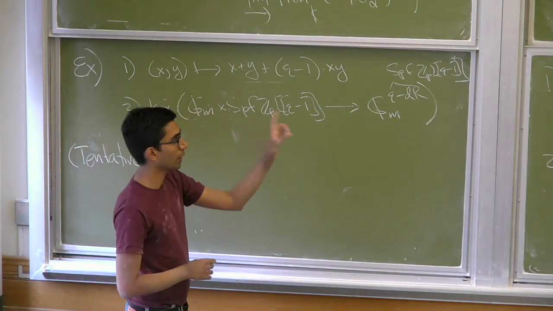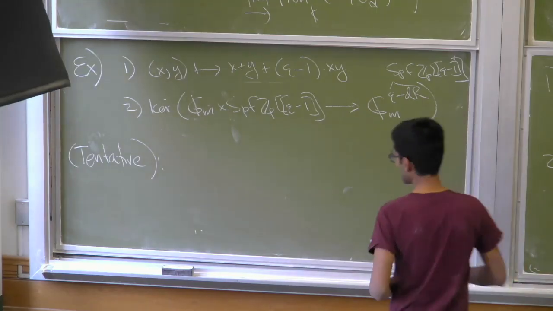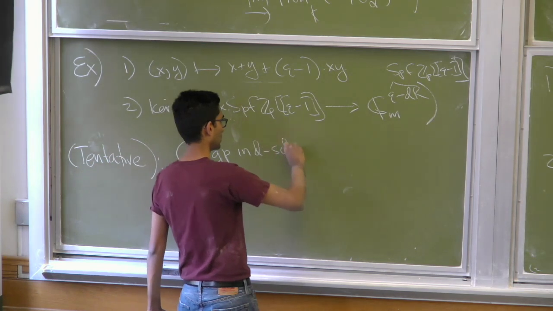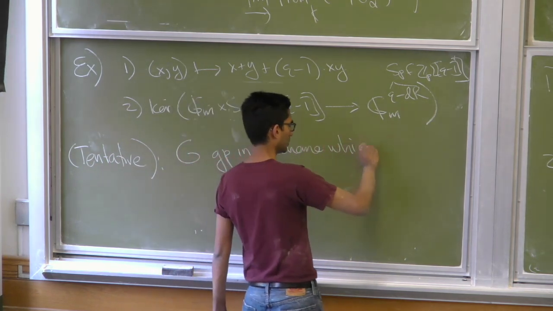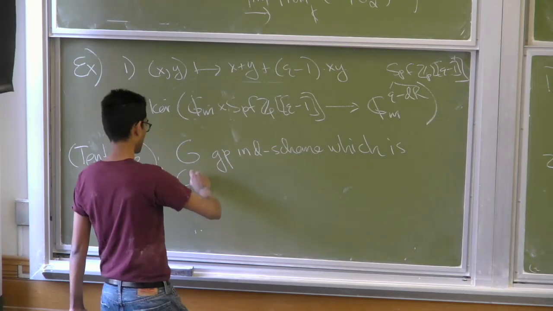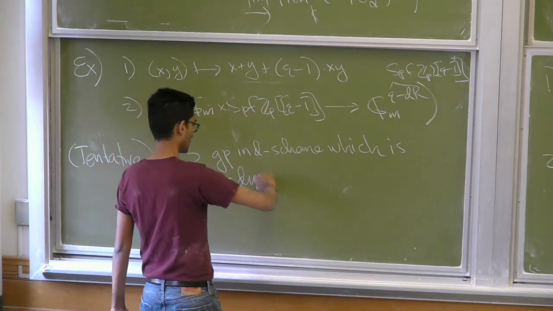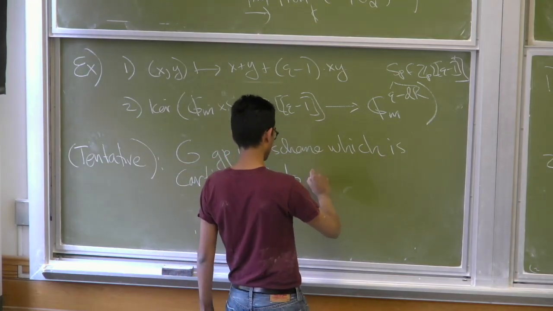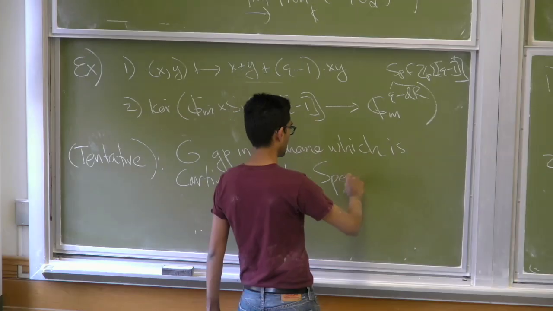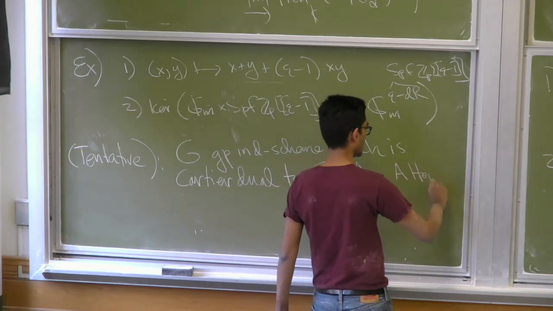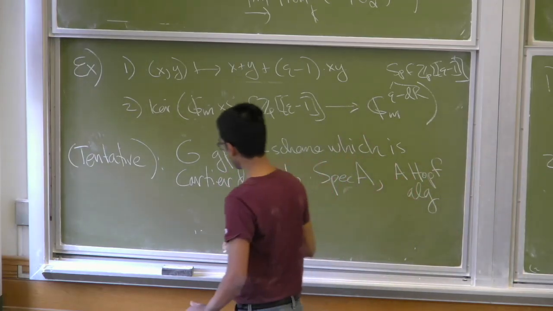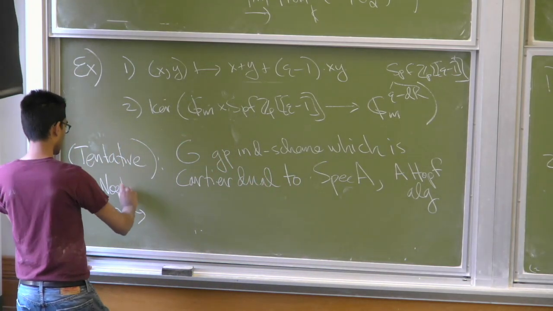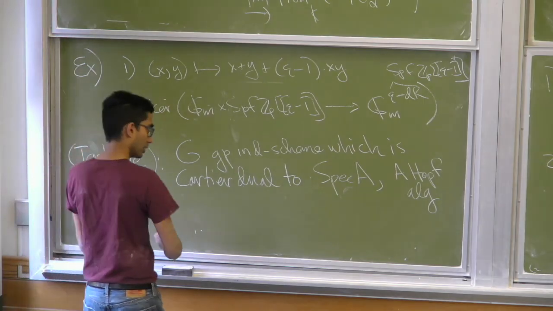So again, if we go back to this theorem, if G is a group ind-scheme which is Cartier dual to an ordinary group, let's say Spec A, where A is a Hopf algebra, then maybe I want to assume here that K is Noetherian, hopefully it's not necessary.